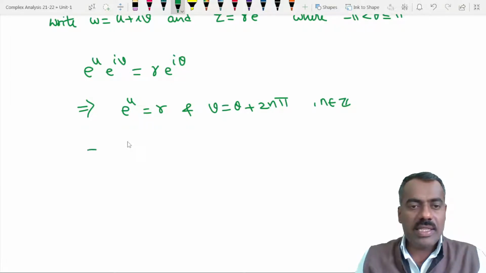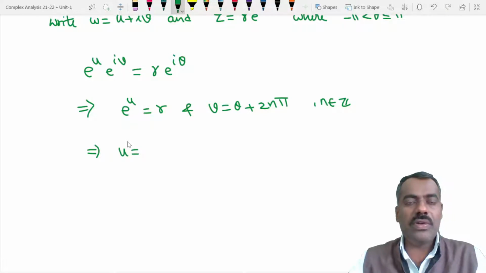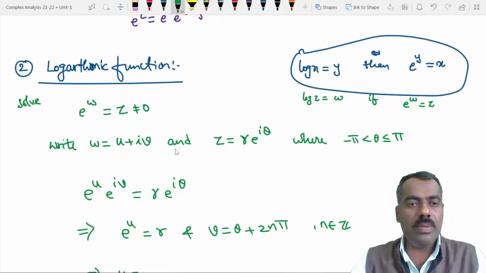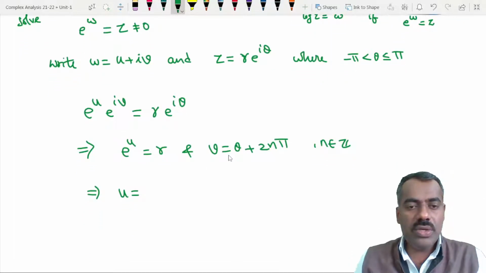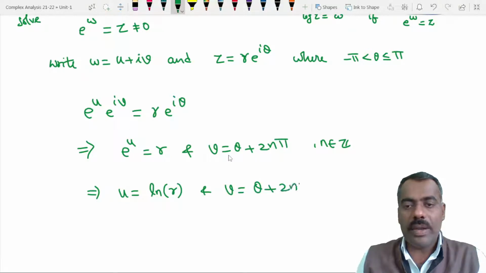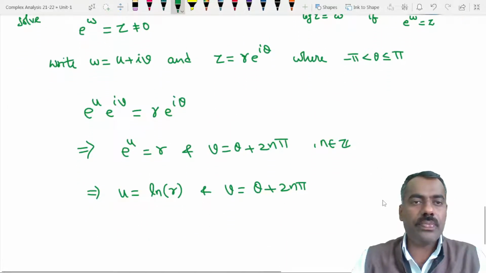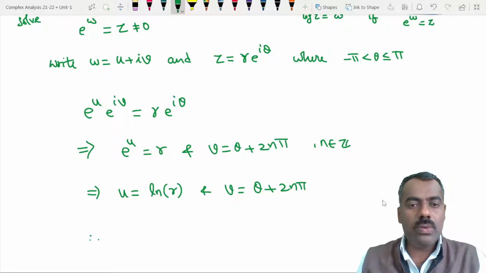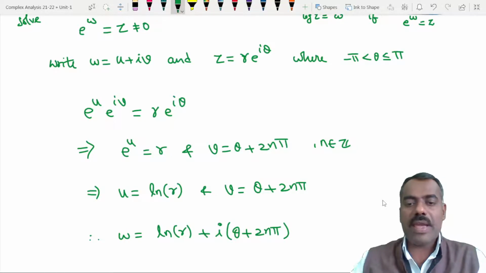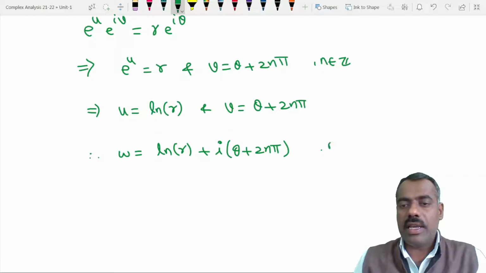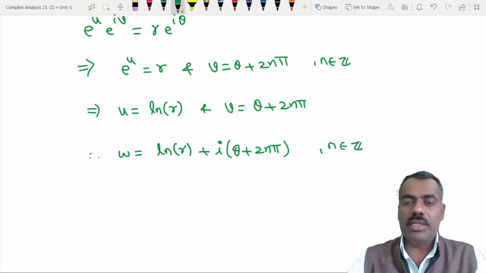This is the same as saying that u is equal to, because we want to find what is u and what is v, we are solving for w, u is equal to natural logarithm of r, and v is equal to theta plus 2n pi. So if you substitute these two values here, therefore w is equal to natural logarithm of r plus i times theta plus 2n pi, where n is any integer.